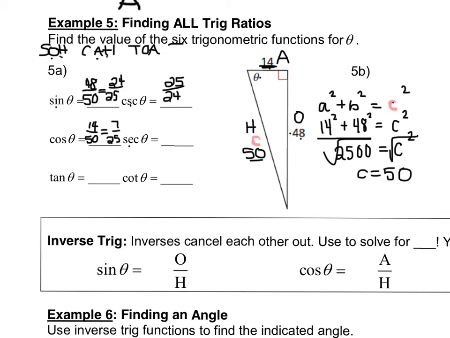And now to find the secant, we'll just flip that over and get 25 over 7. Last, we'll do tangent. Tangent is opposite over adjacent, so 48 over 14. We need to reduce. We're going to get 24 over 7. To find the cotangent, we need to flip that and put 7 over 24.